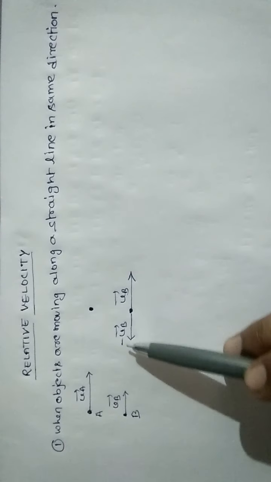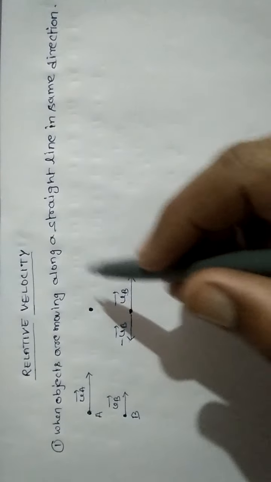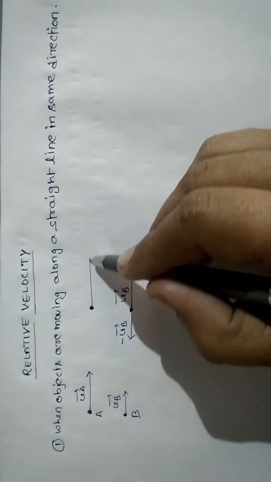As we have superimposed velocity minus VB on VB, so we have to superimpose it on VA also.